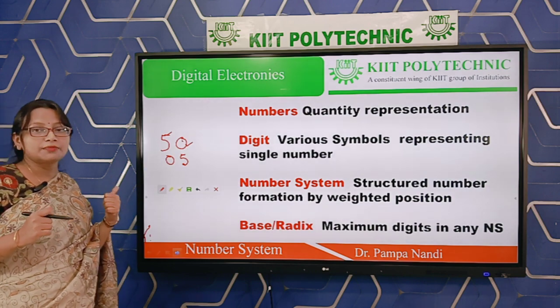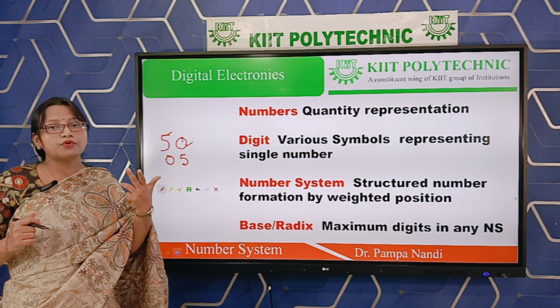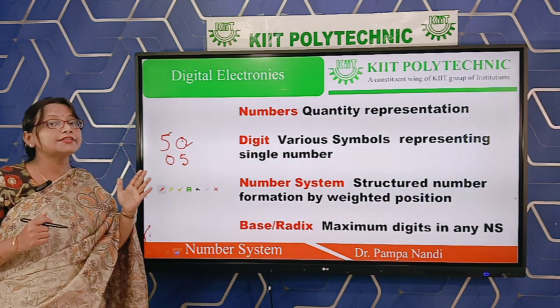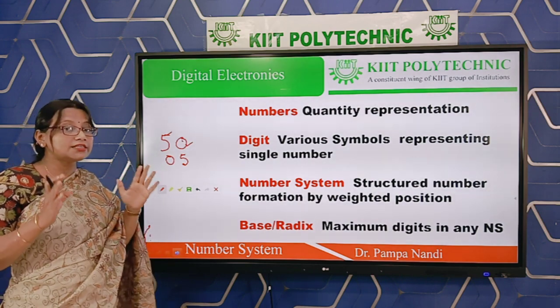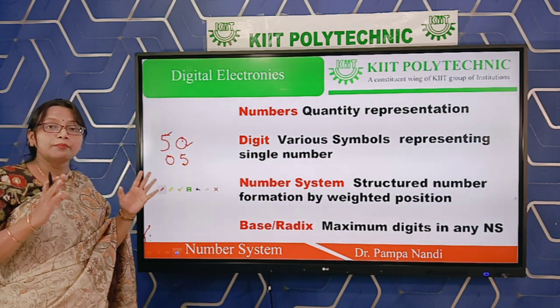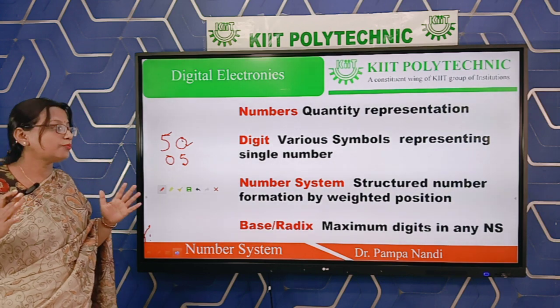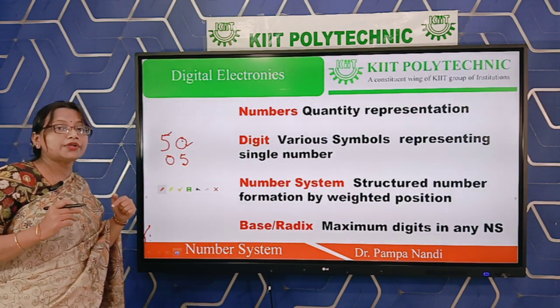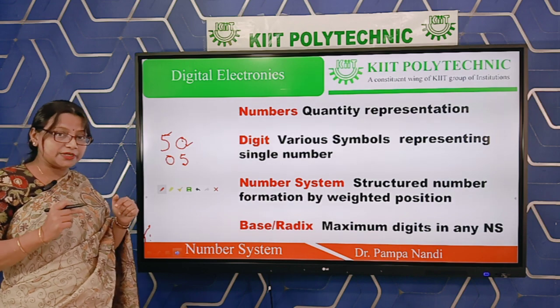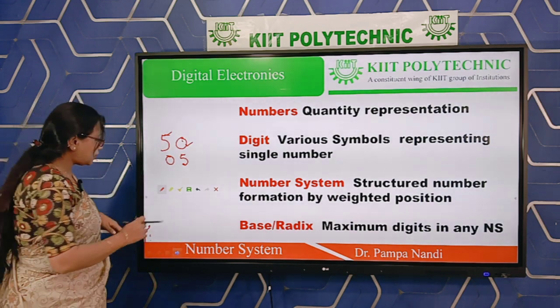Suppose in the case of the decimal number system, how many digits are there? 0, 1, 2, 3, 4, 5, 6, 7, 8, 9. Using these symbols, we can make any kind of number, any combination. So one point here: digits are limited, numbers are unlimited. Okay, moving to the next slide.